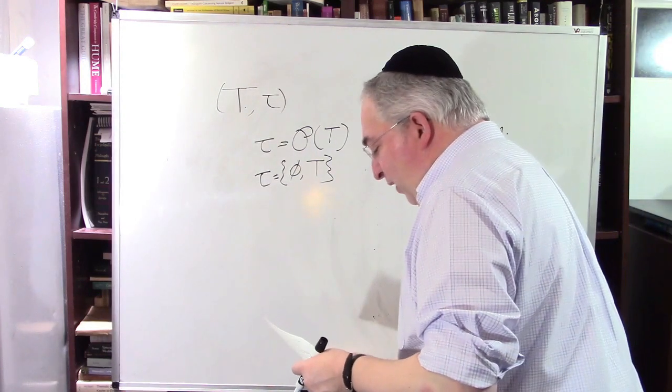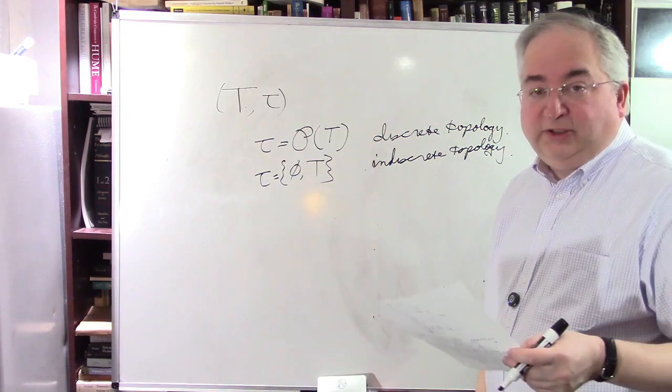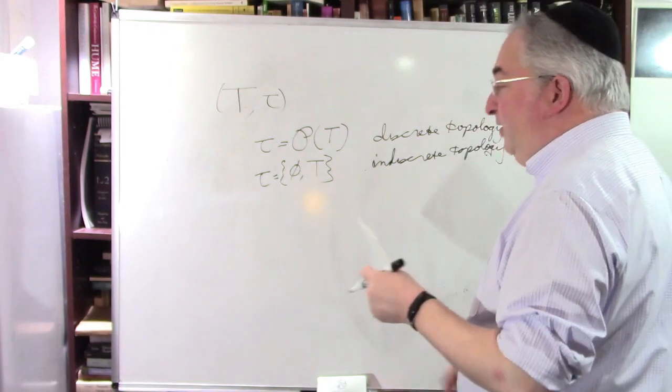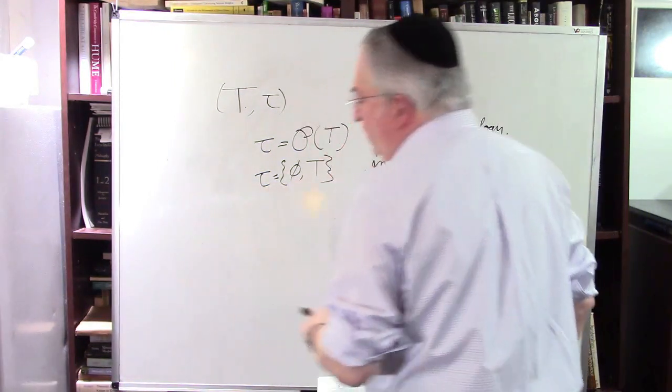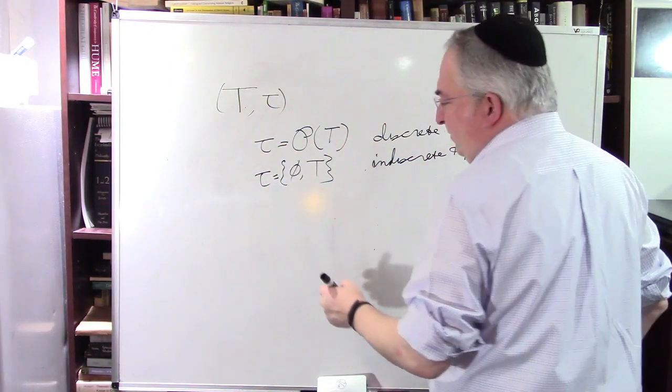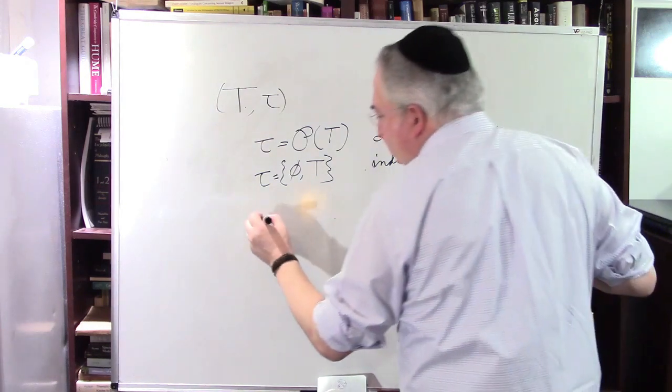Okay, great. Now, we're not interested only in topological spaces, we're interested in functions, morphisms between topological spaces. And so the idea is as follows.